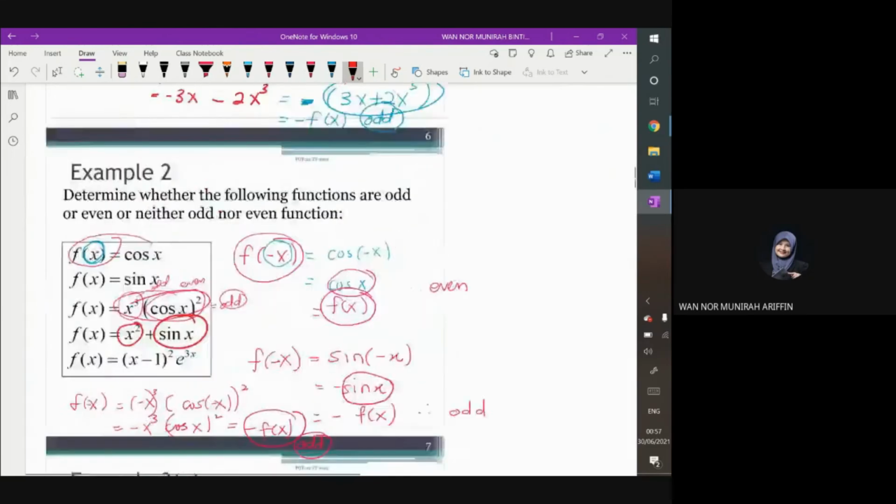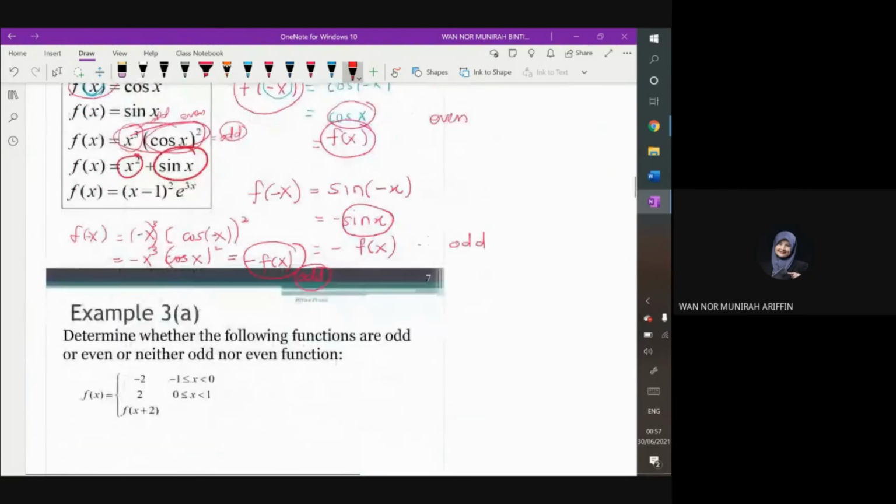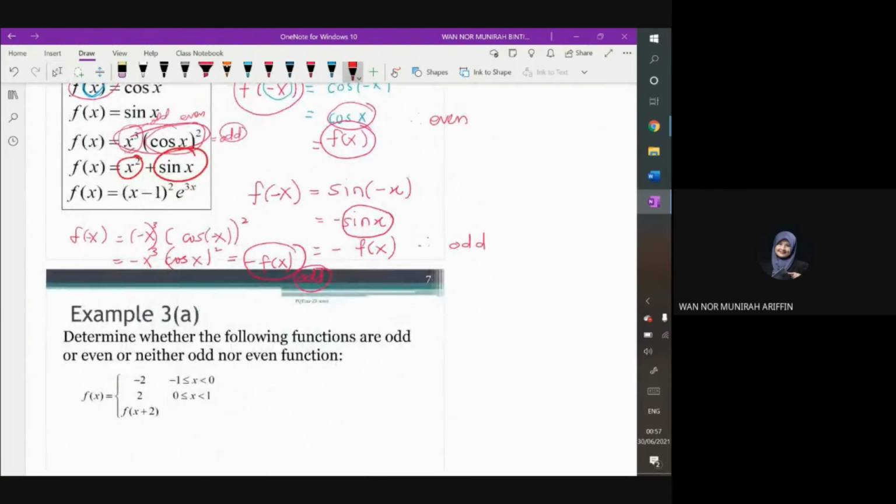Even plus odd is not there, so that you need to determine here. So this one is even, and this one is odd. Check whether you have equal to original f(x), or negative of original function, or neither odd nor even function.